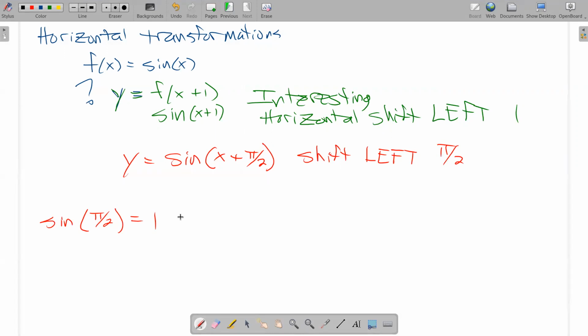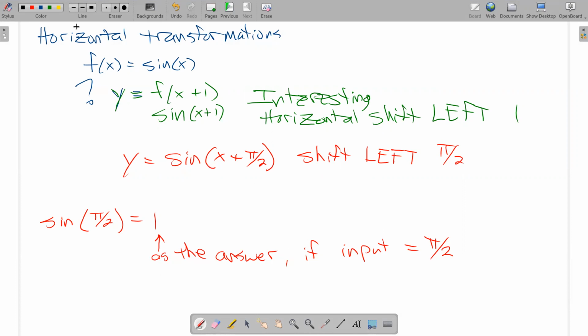End of story, exclamation point. So the only time I'm going to get 1 as the answer is if the input is equal to pi over 2.